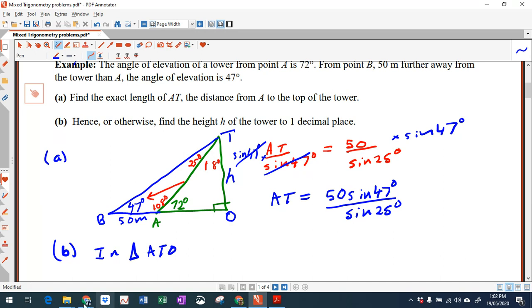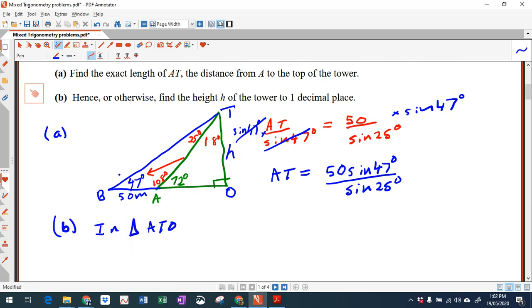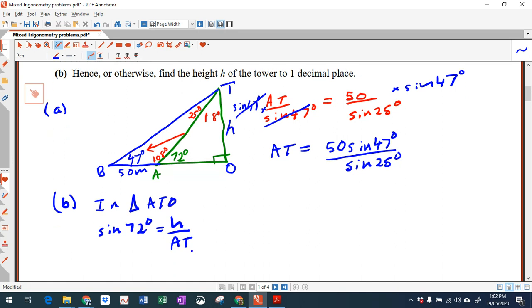I can say that sine of 72 degrees equals the opposite side h divided by AT. We already know what AT is. So that means h will be AT times sine 72 degrees.